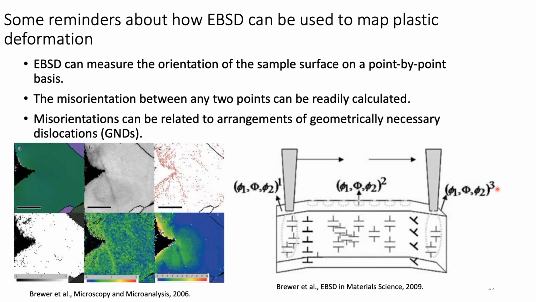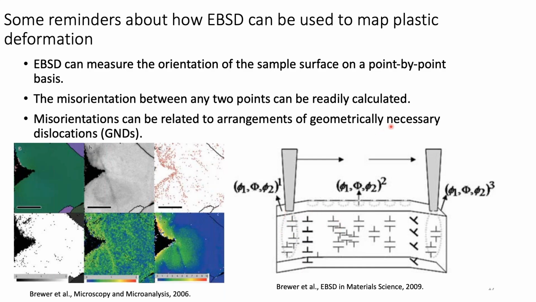And that degree of misorientation can be related to the arrangements of something called geometrically necessary dislocations, or GNDs. Now, GNDs are a continuum mechanics concept, and it says that for me to describe curvature in a lattice, so a bent metallic or ceramic, any kind of crystal material lattice, I actually need a set of dislocations to describe how I get from one orientation to another.